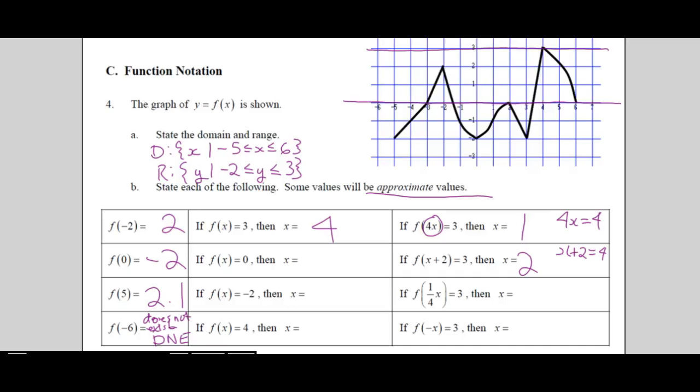Negative 1.4. Yeah, it's approximate. What else? 2, I think it's closer to 1.9 maybe. What else? Well, you're jumping ahead. What about this? 3.3.